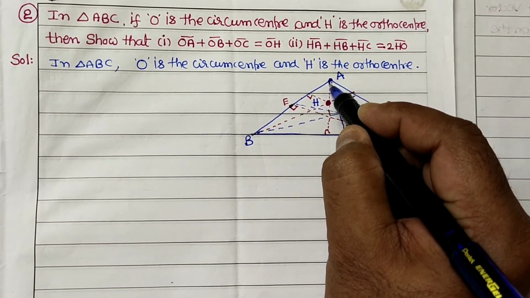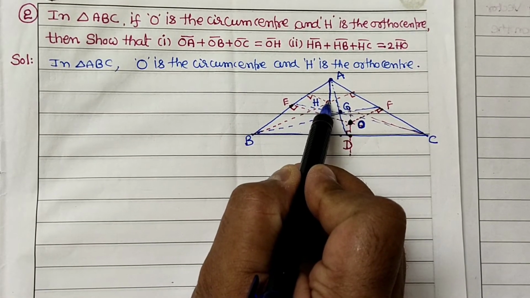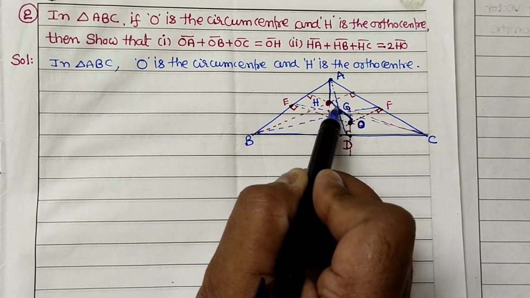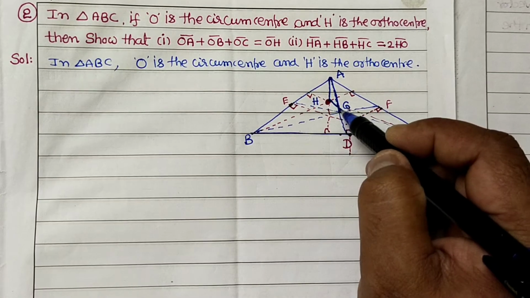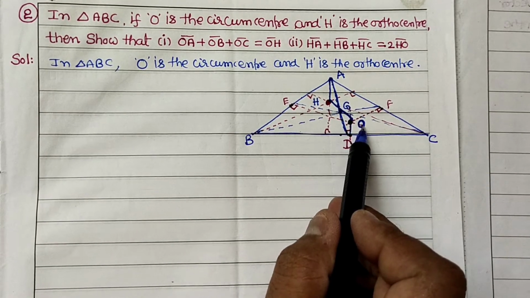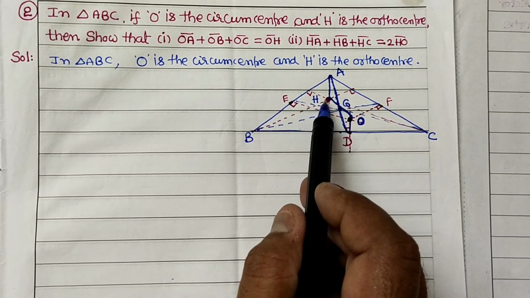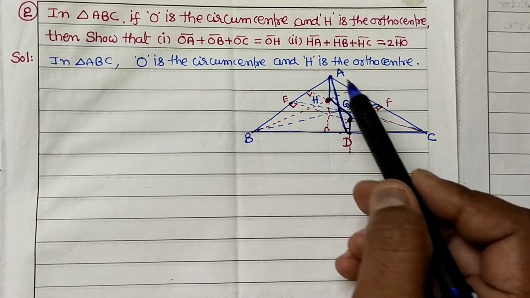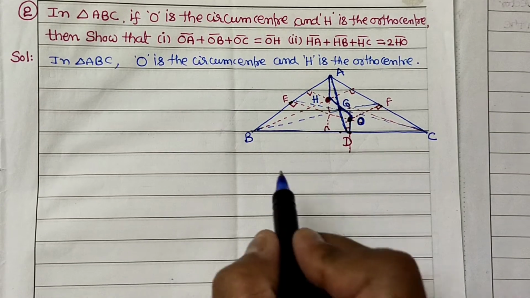Just I want to note: in a triangle, orthocenter, circumcenter and centroid are collinear. So here one triangle, here also another triangle. O means circumcenter in this case, G is centroid, and H is the orthocenter. So here we observe that AGH and GOD are similar triangles.